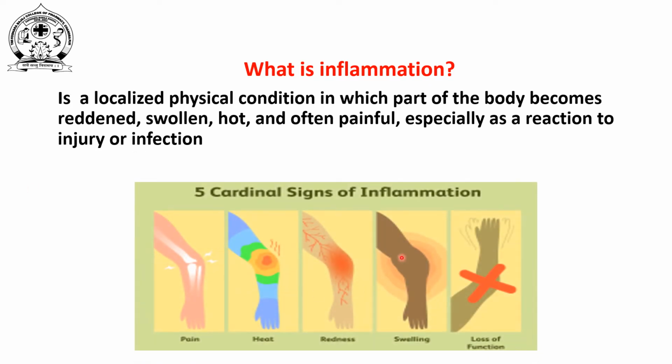The signs of inflammation are pain, heat, redness, swelling, and loss of function. These are undesirable signs due to the reaction of the body to injury or infection. To treat these conditions, we need some agents.